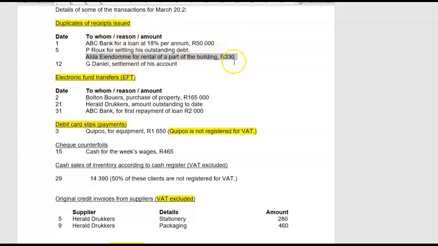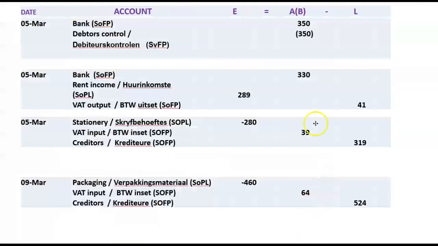So we received that rental income because we've issued a receipt. So bank will be debited with the 330 Rand, the full amount. Rental income is going to be credited with a VAT exclusive amount, and then obviously VAT output with the VAT on the amount received. So bank debit, assets, 330 Rand.